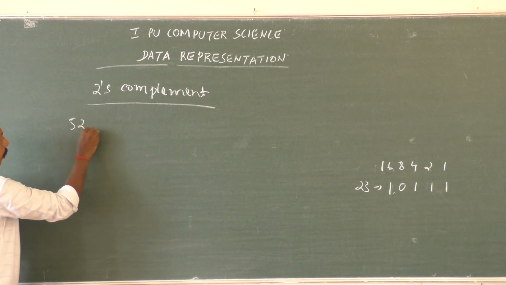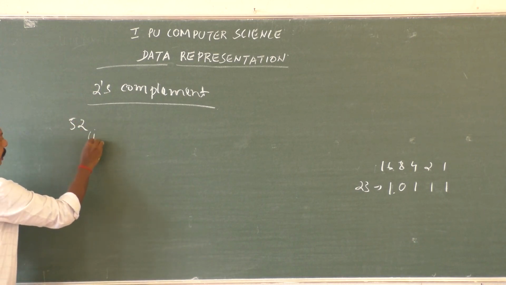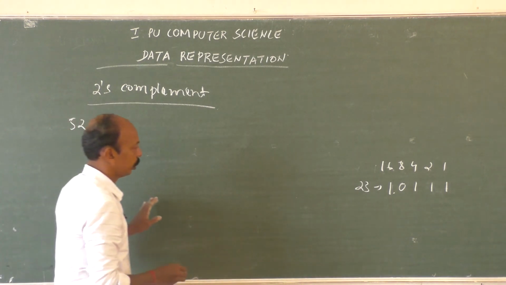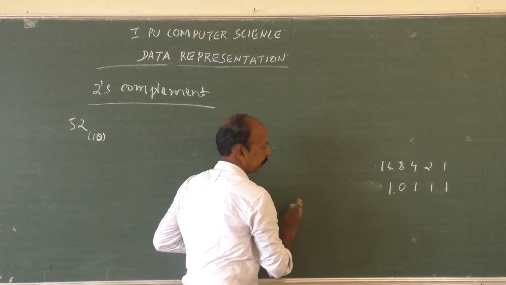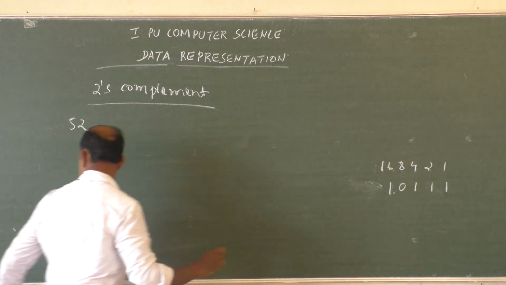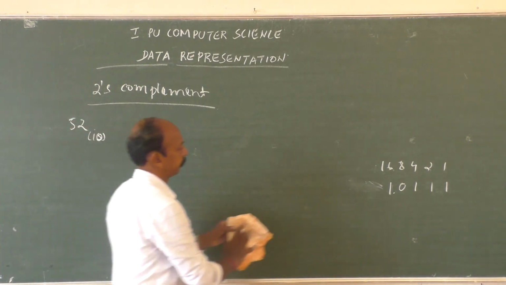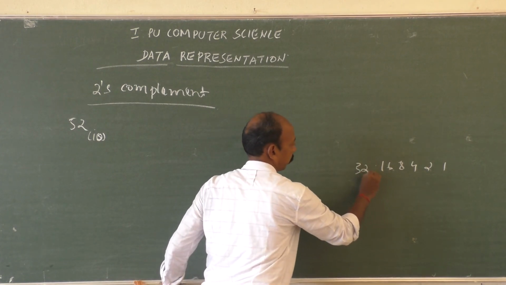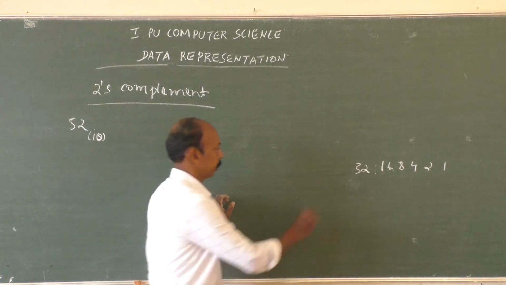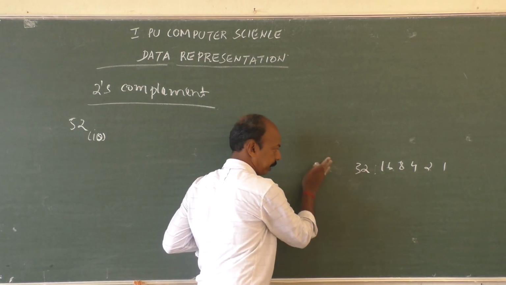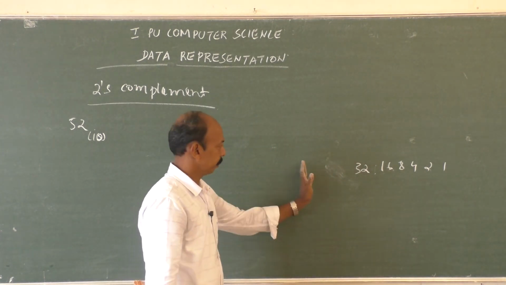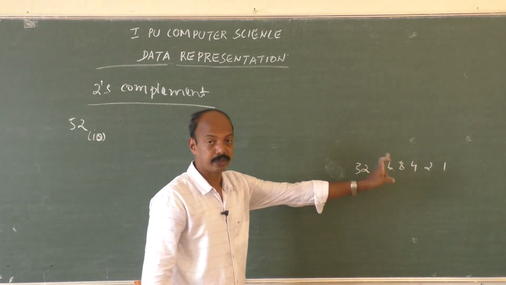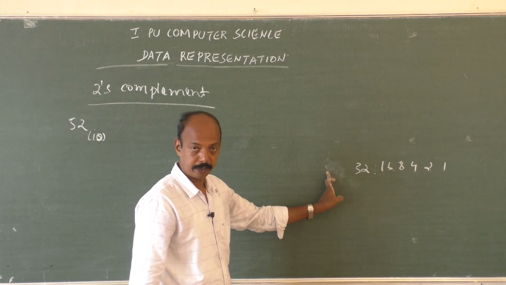52 to the base 10. 52 is how much in binary? Let us see. 32. Next one will be 64. So this is not required, because 52 is lesser than 64. That's why the 64 bit is not required.